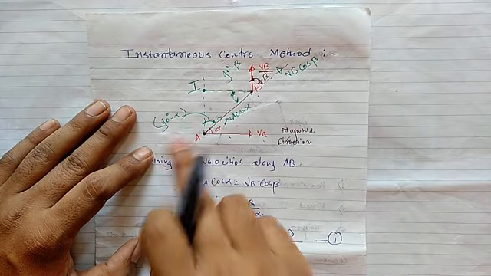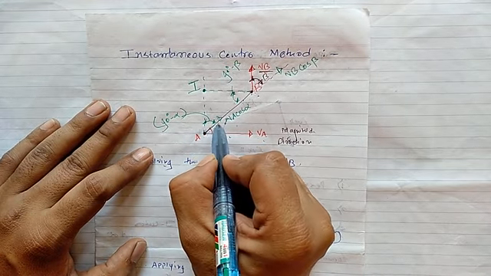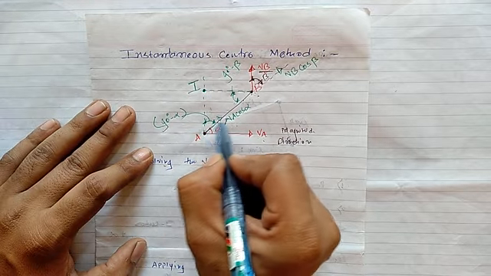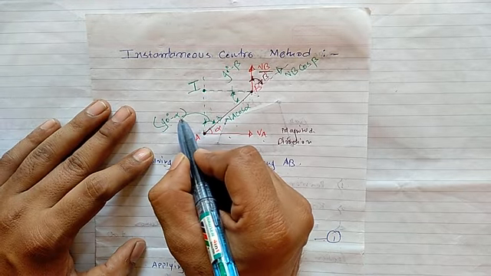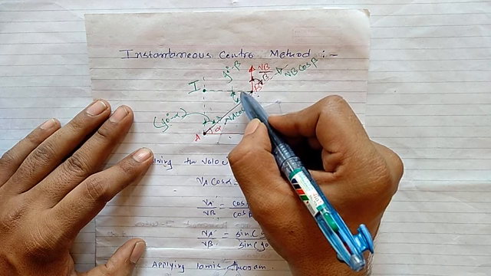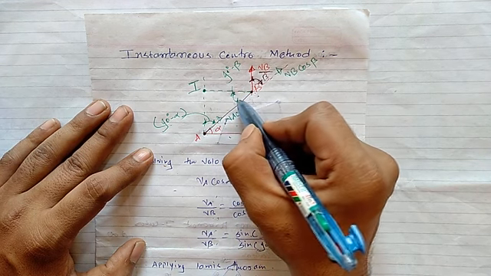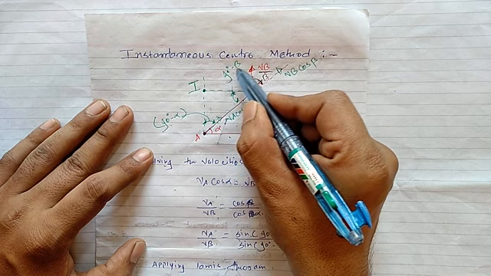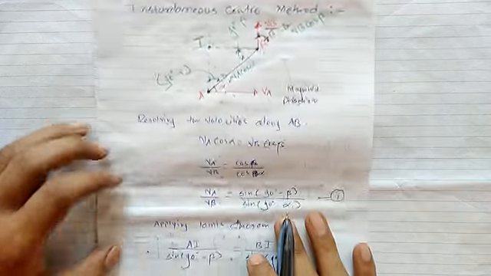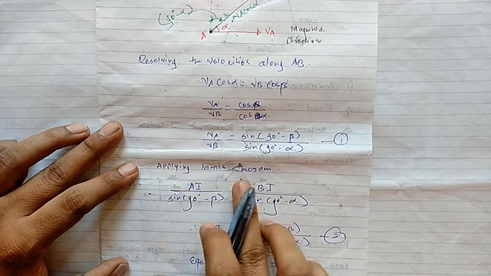From this point to this vertical line and AB, that angle carries 90-degree minus alpha, and between the horizontal line and incline AB, this angle is denoted by 90-degree minus beta. Okay, so after that we apply Lami's theorem.